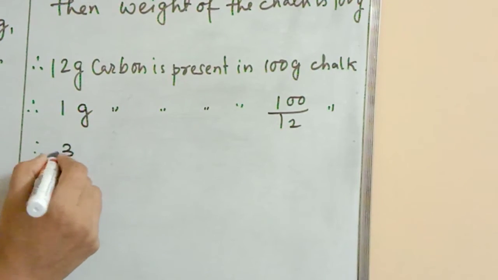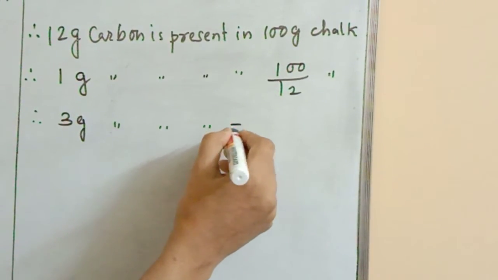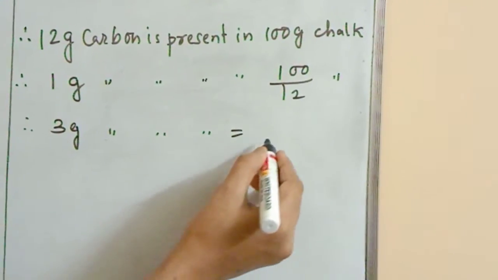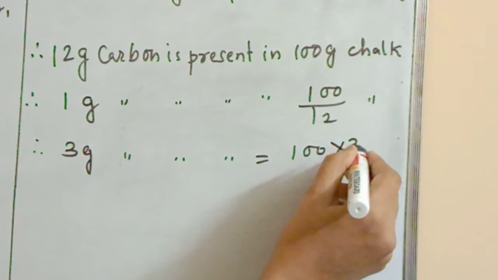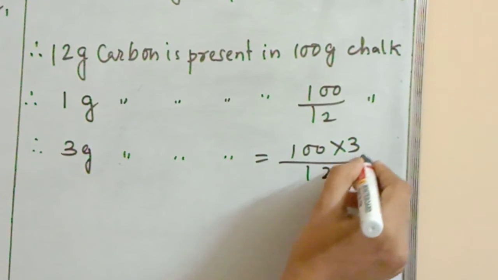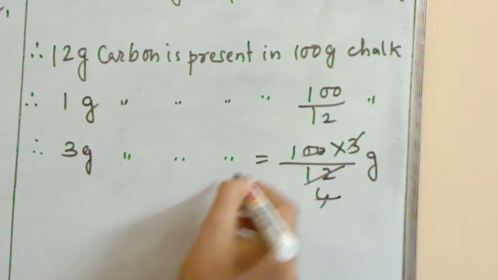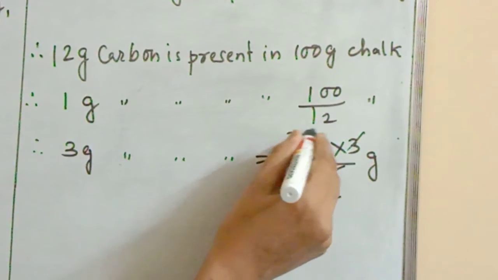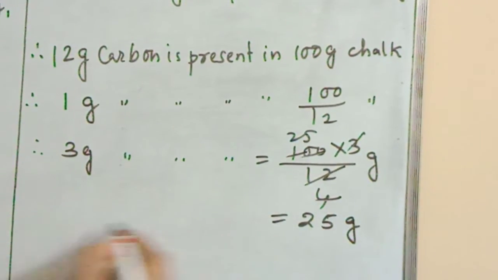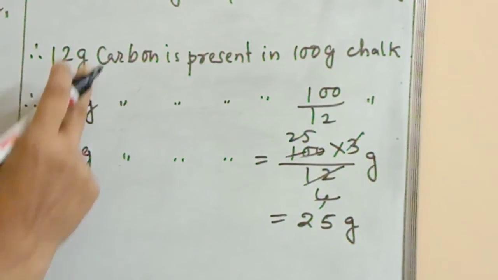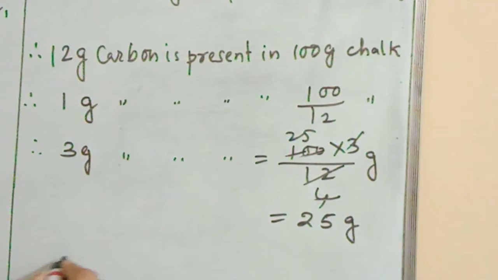Therefore, in the question it is written 3 gram carbon is present, then what is the weight of the chalk? 100 into 3 by 12 gram. Cancel it by 4, and 4 into 25 is 100, so you will get 25. When weight of carbon is 3 gram, then weight of the chalk is 25 gram.